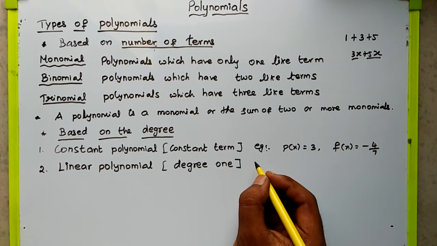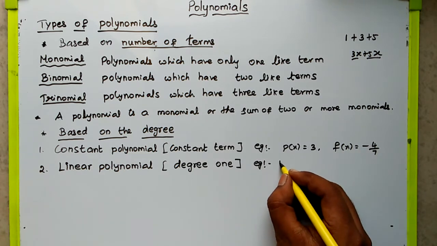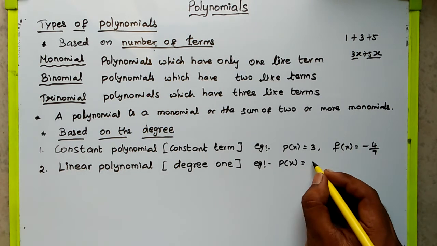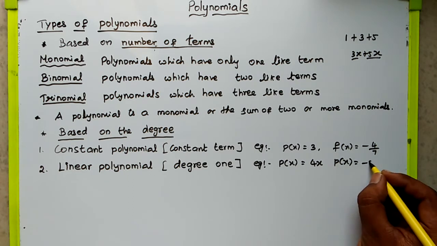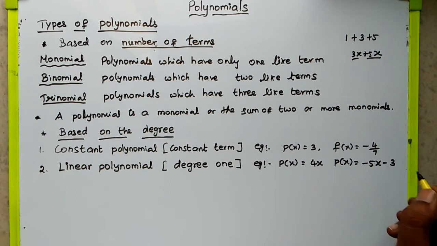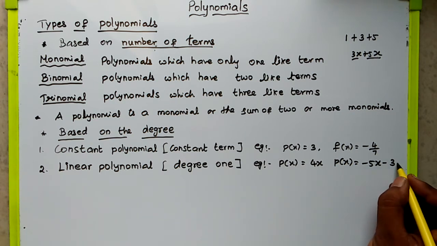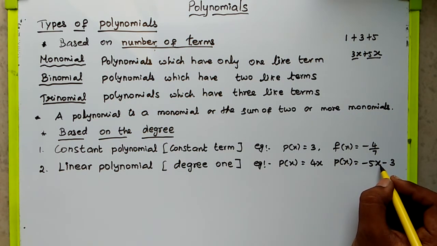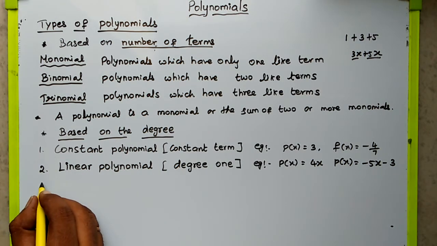So a polynomial of degree 1 is called linear polynomial. Example, p of x equal to 4x, or p of x equal to minus 5x minus 3. So the highest degree is 1. Here we can write x power 0, here 1. So it's called linear polynomial.